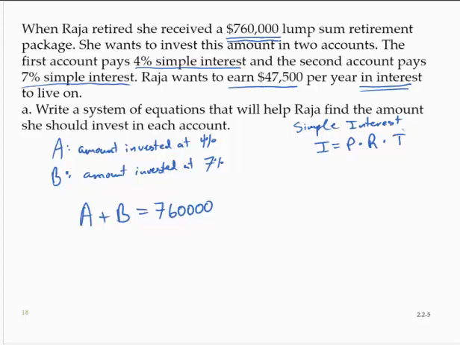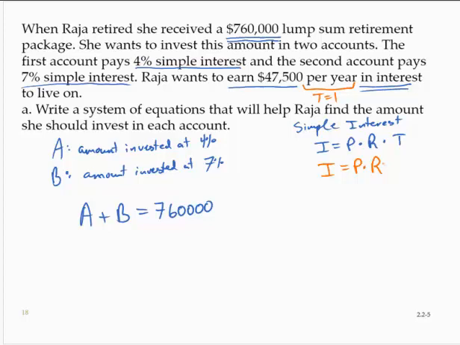Since we want to earn $47,500 per year, we know that T is equal to 1. So, for our problem, the interest earned is just the principal times the rate. The principal is the amount invested, which is either A or B. The rate is the percentages earned, so 4% and 7%.